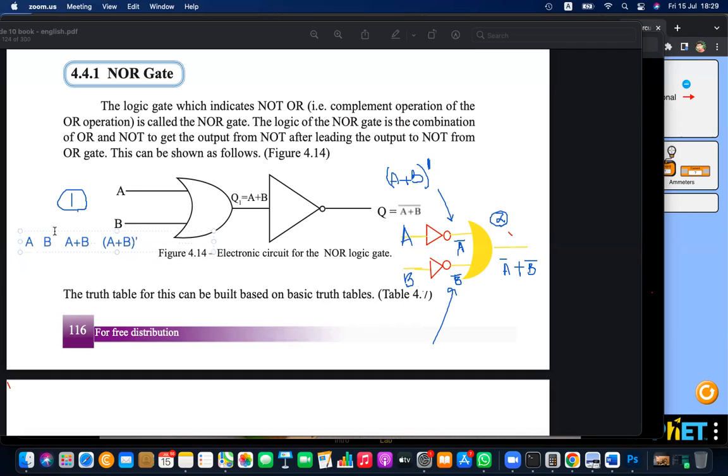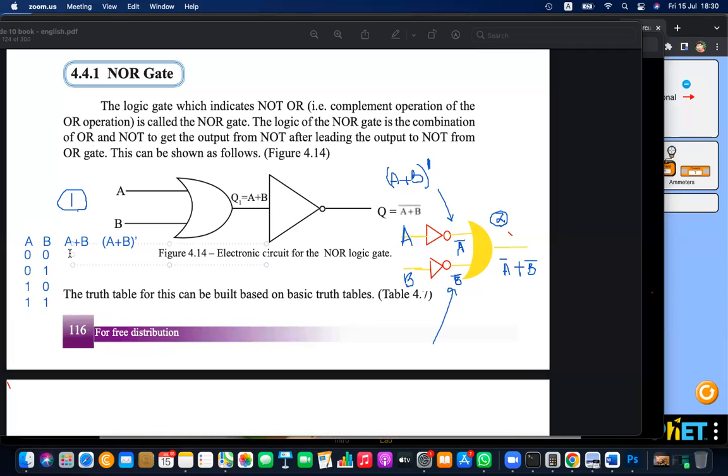This is the truth table for the first one. And let's do this: 0, 1, 0, 1, because there are two inputs, 4 combinations. Here it will be 0, 0, 1, 1. I hope this is clear to you because we have already done that.